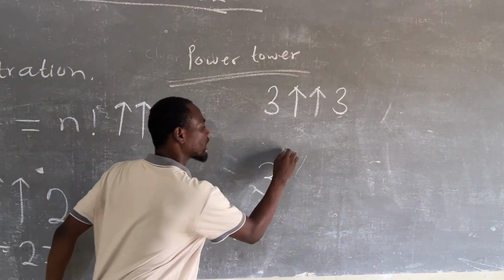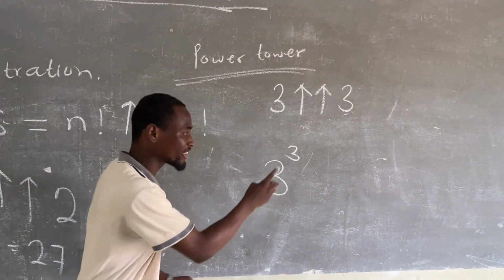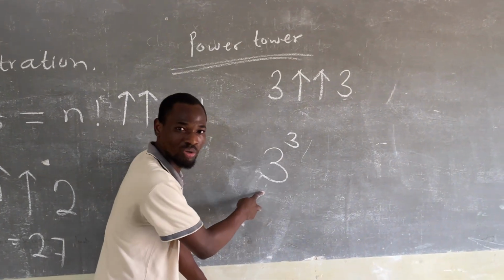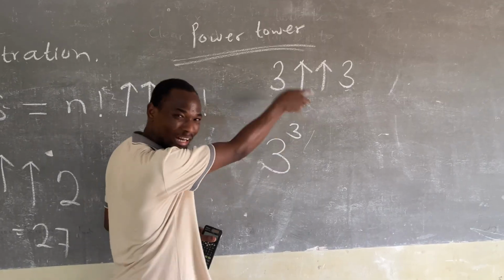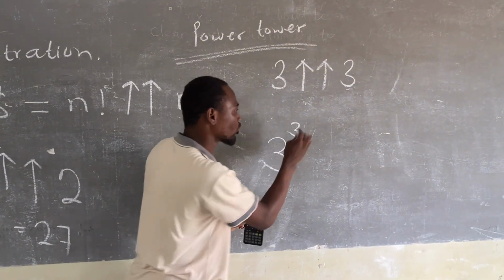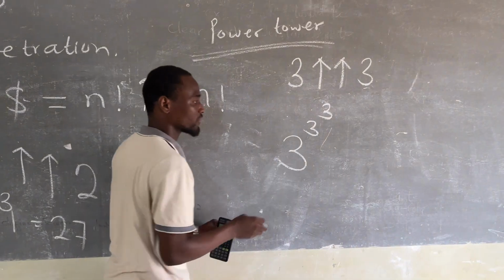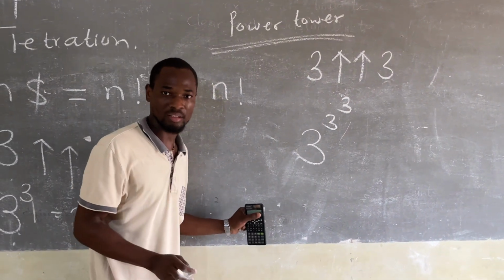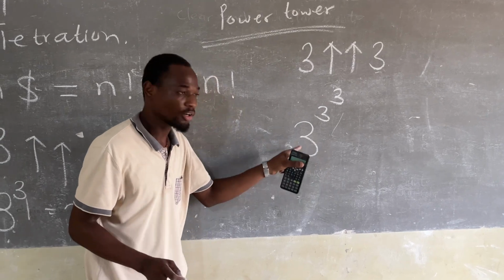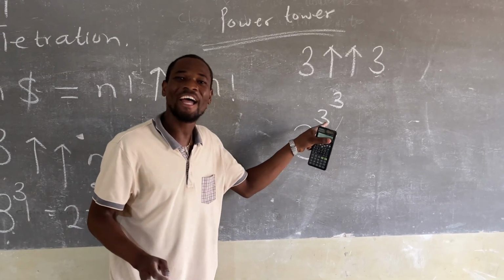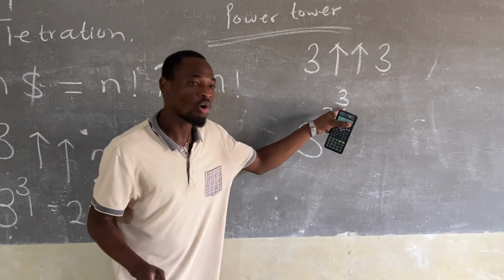So let me count. How many 3s do I see here? 1 and 2. It's not up to 3. So what you do is raise this power to another power. So we have our 3 here, raised to an exponent of 3, and that exponent is also raised to an exponent of 3.